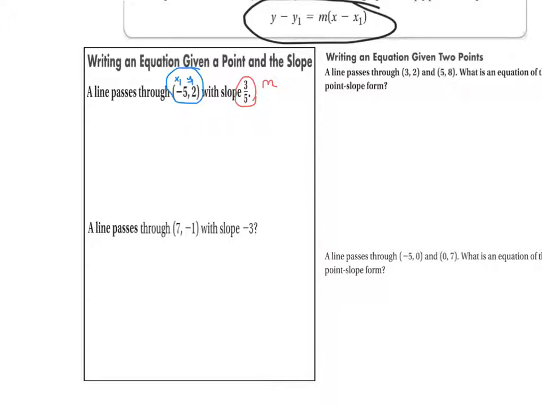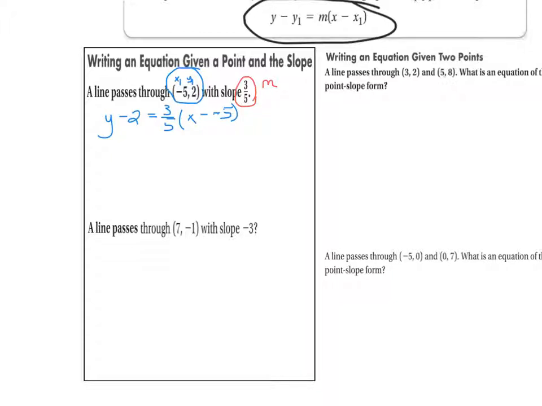Now all I'm going to do is substitute in. So y stays the same, minus y1, which is 2, equals m, which is 3/5, parentheses, x stays the same, minus x1, which happens to be negative 5.